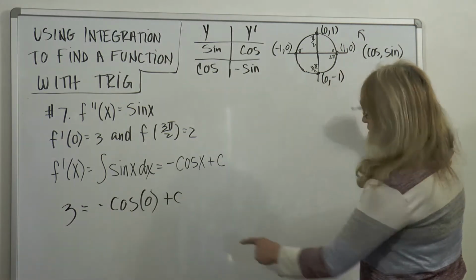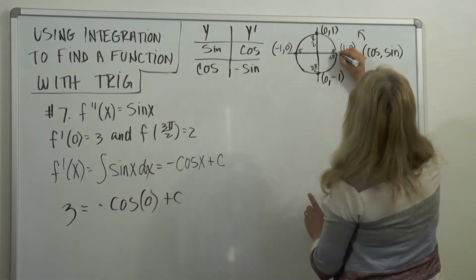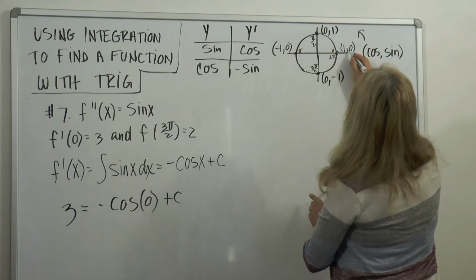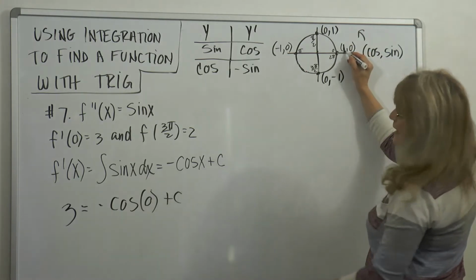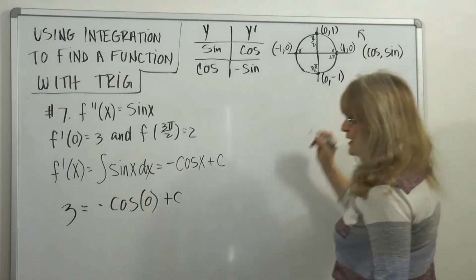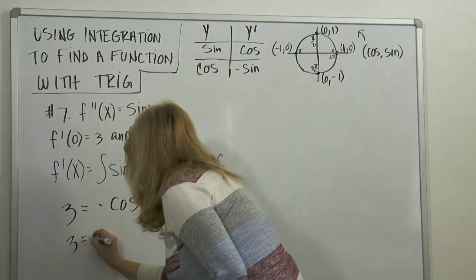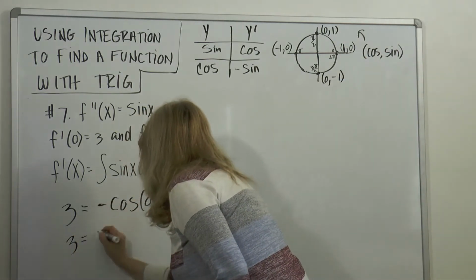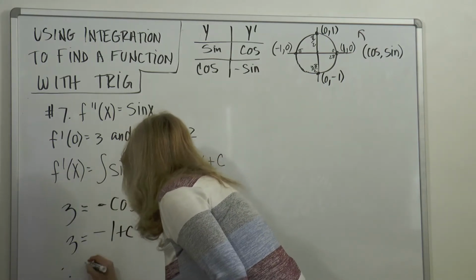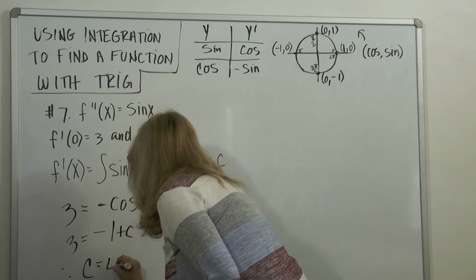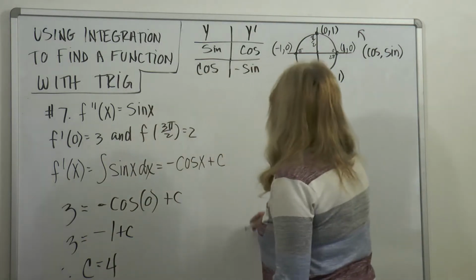Here's the 0 radians. That corresponds to this ordered pair. And the cosine is the x part of that ordered pair, so it's a 1. So I have 3 equals, don't lose your negative sign here, negative 1 plus c. Therefore, c is equal to 4. Add 1 to both sides.